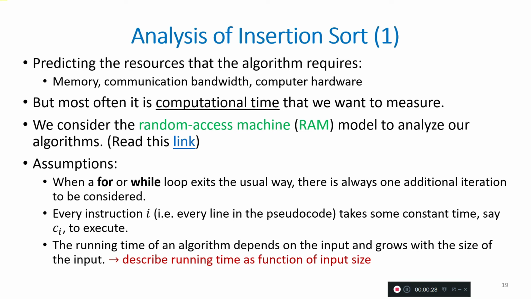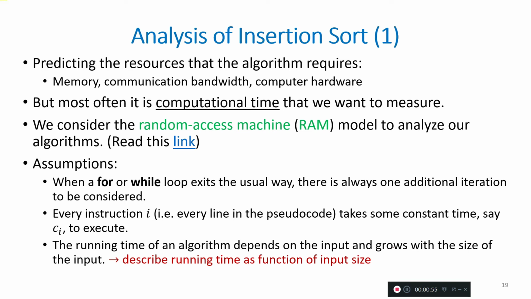If we are dealing with for loops or while loops, we know that every loop ends with one extra iteration. So if a for loop is to iterate for n times, we know that it always makes one additional iteration in the end and checks the condition whether it holds or not. And at that stage, it is false and it doesn't enter the for loop.